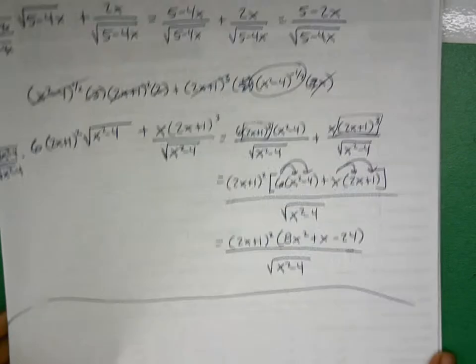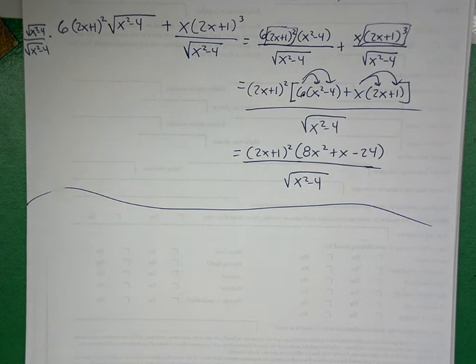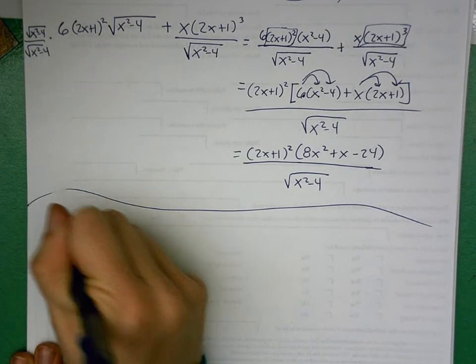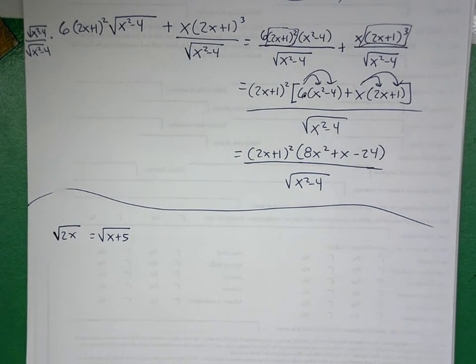Okay, next up we've got some solve for x's here. So let's start with root 2x equals root x plus 5. Okay, so for this one we are going to start with squaring both sides, because one of my square roots is already isolated, and actually in this case both of them are isolated.